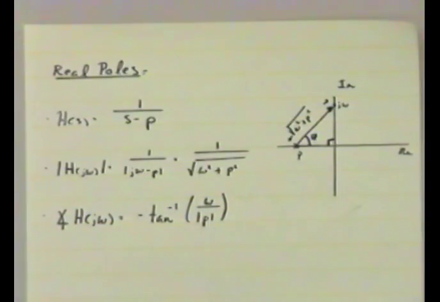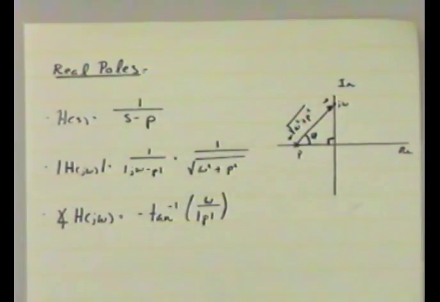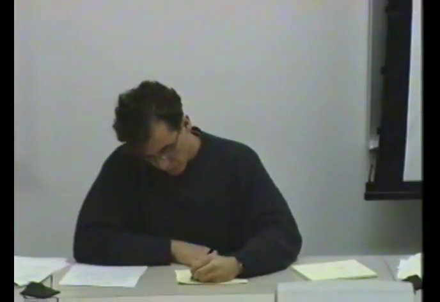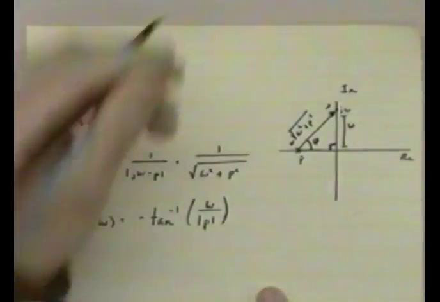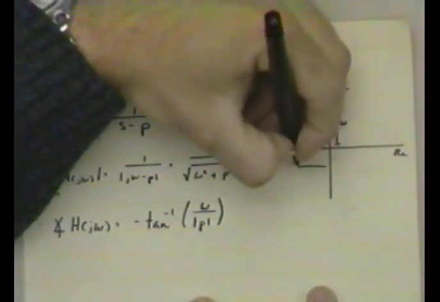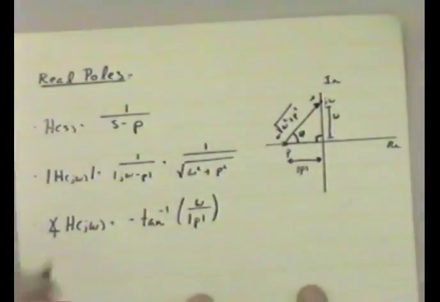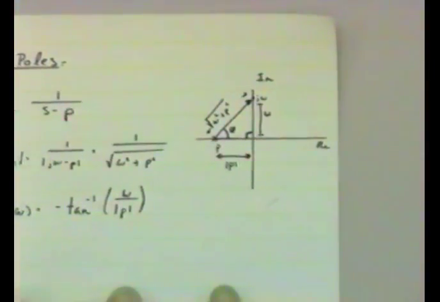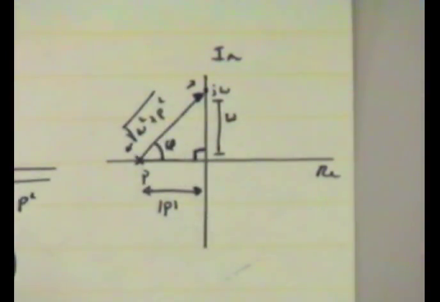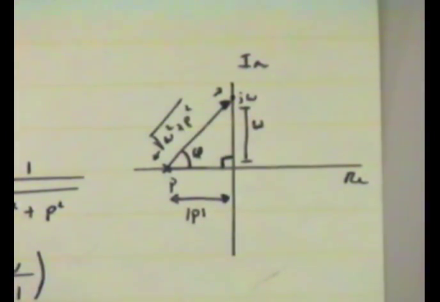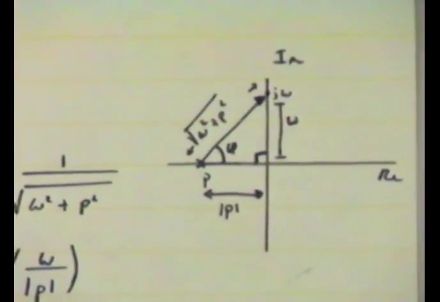So the phase term now is a little bit more complicated. We have to use an inverse tangent here. Omega corresponds to this here, and this distance here is given by the absolute value of p. And so this phase phi here is given by the inverse tangent of, whoa, it's so hard to look at this monitor and keep it centered.